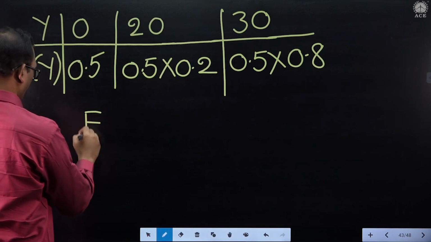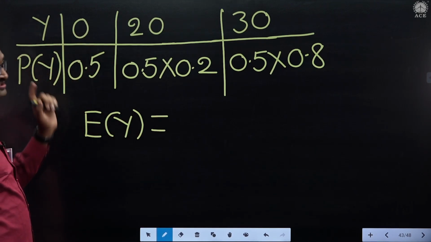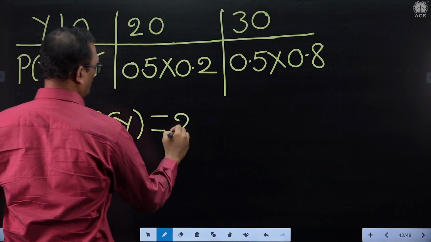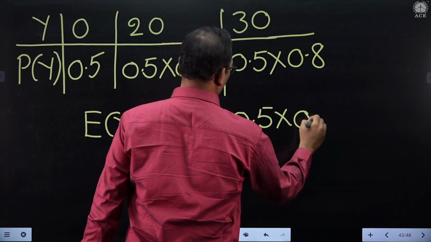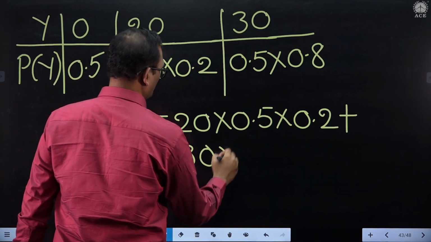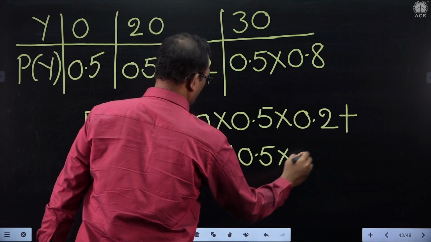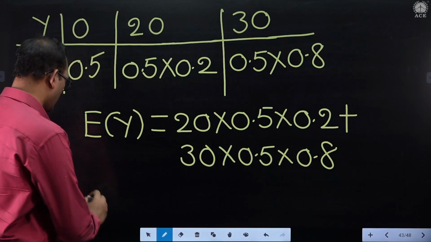Expected marks E of y is 20 into 0.5 into 0.2 plus 30 into 0.5 into 0.8, that is 2 plus 12, that is 14.